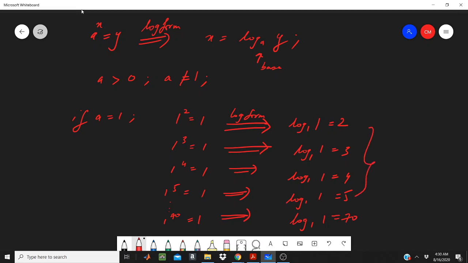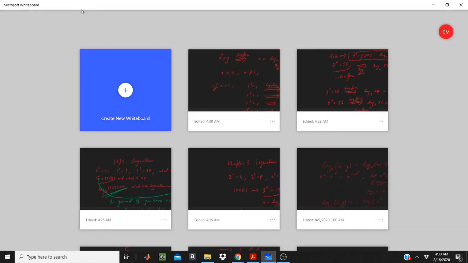And from this entire set of results, we can see that log base 1 of 1 is not defined. There's no unique answer to this. That's why you can't have a base of 1. It never really gives you a unique answer.